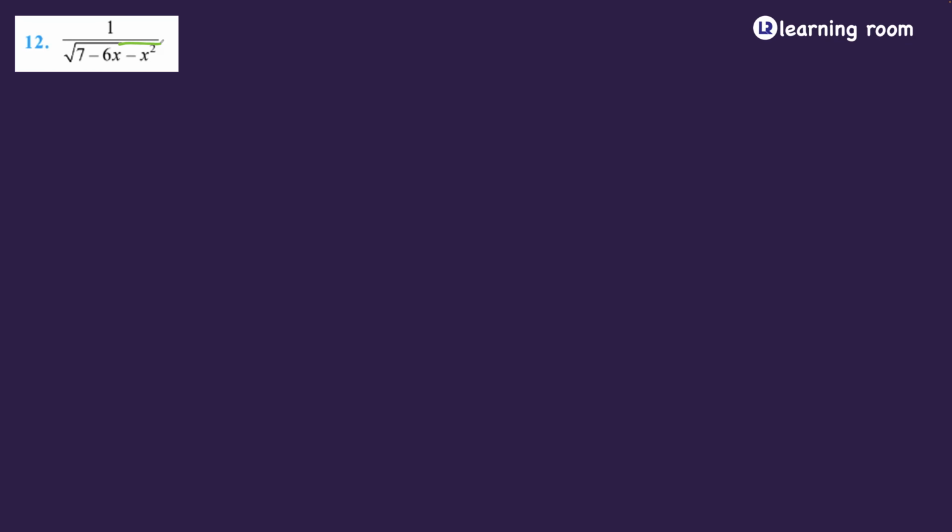Log of x plus 3, x plus 3 the whole square plus 7 minus, minus 7 minus minus 16. So you'll have negative of (x plus 3) the whole square minus 16. So it will be 16 minus (x plus 3) the whole square.